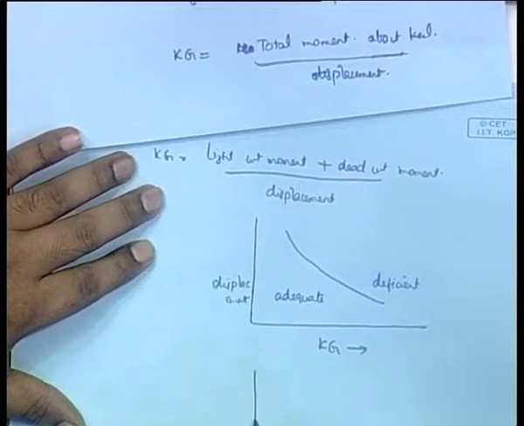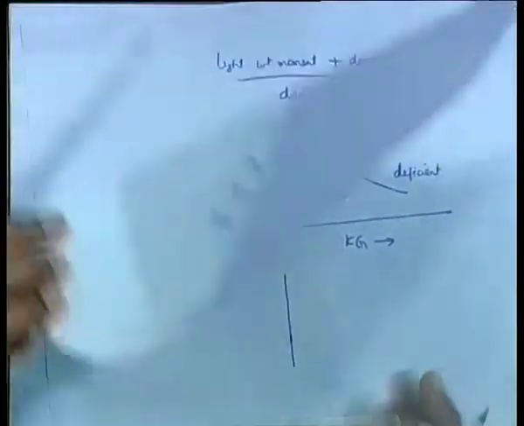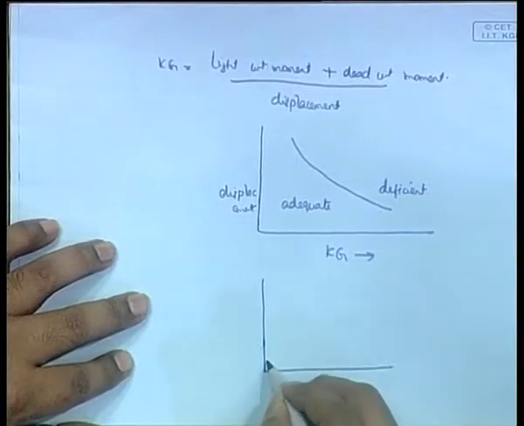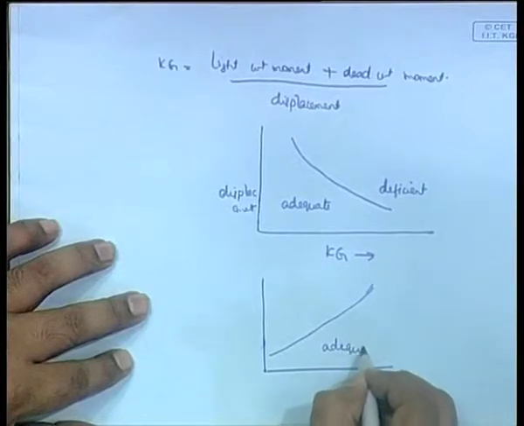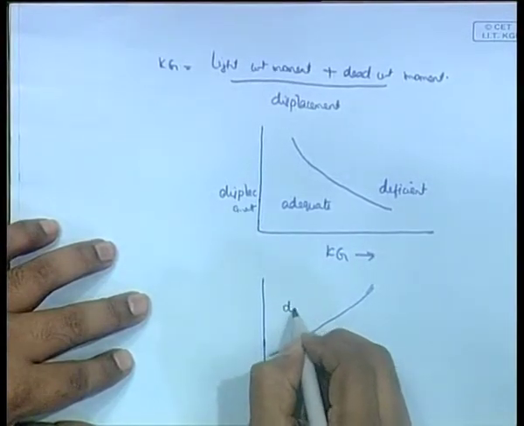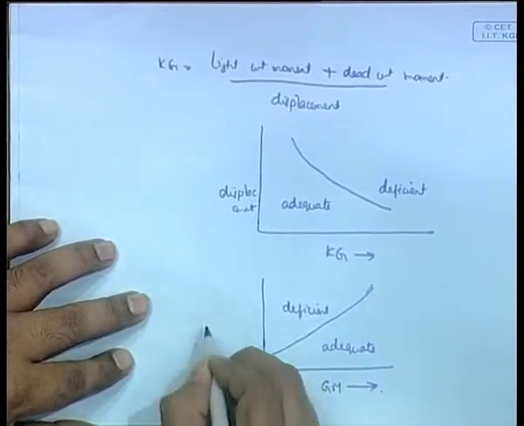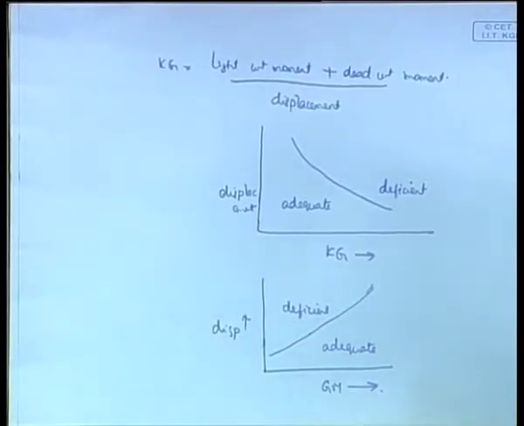So, this is actually the same figure, where we have changed KG to K minus KG, that is, GM.